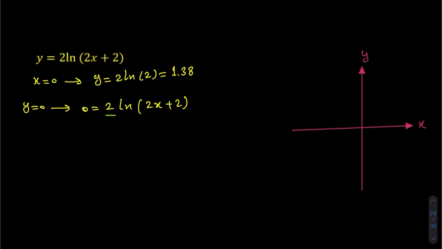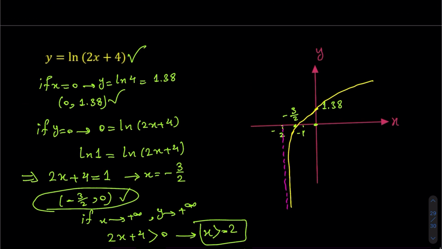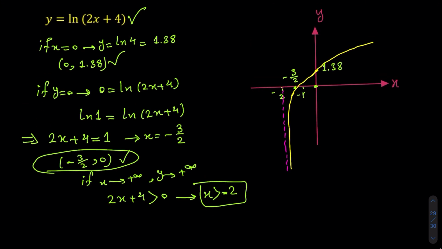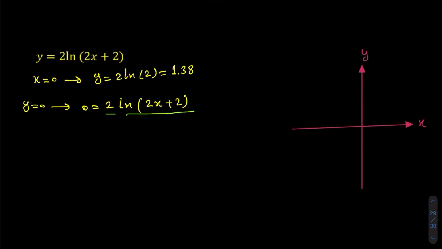So 2 and ln, right? It's not exactly the same as the previous examples where we can just simply change the 0 to ln 1. Here we have another value, 2.